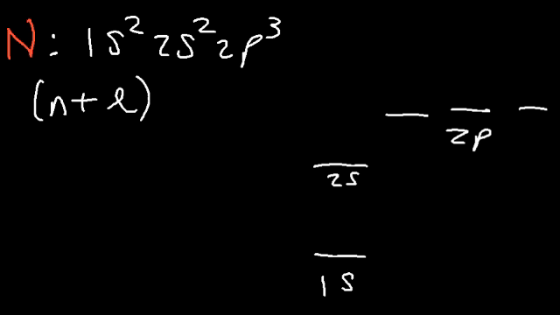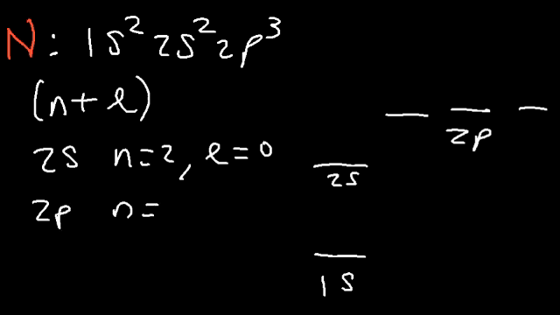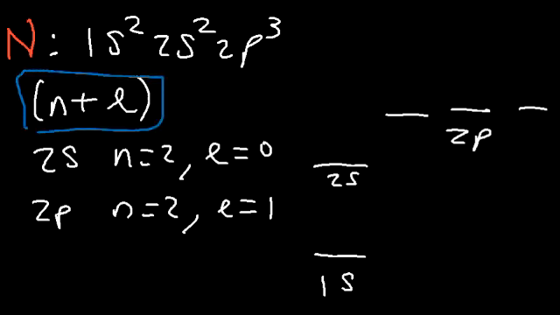So if you compare the 2s sublevel with the 2p sublevel, for 2s, n is 2, but l is 0. And for 2p, n is 2, but l is 1. So notice that if you apply the n plus l rule, for 2p you get a value of 2 plus 1, which is 3. But for 2s, you get a value of 2 plus 0, which is 2.